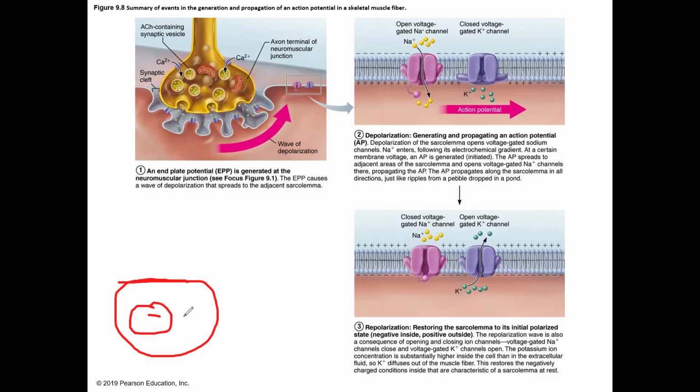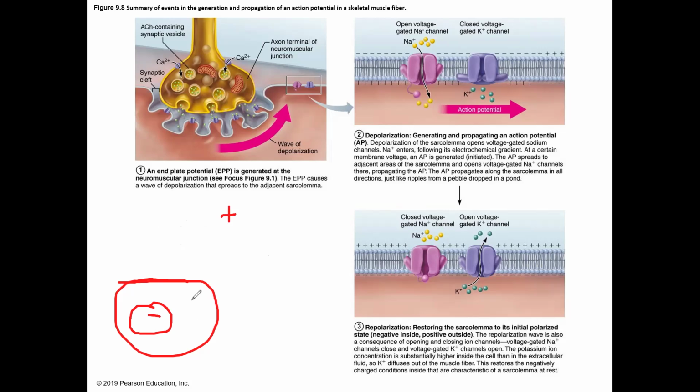That doesn't mean you don't have positive ions inside the cell, it just means when you compare it to the outside, it's more electrically negative. Where outside, it's more electrically positive. And again, that doesn't mean you don't have any negative ions outside the cell, it just means when you compare the inside to the outside, it's more electrically positive outside.